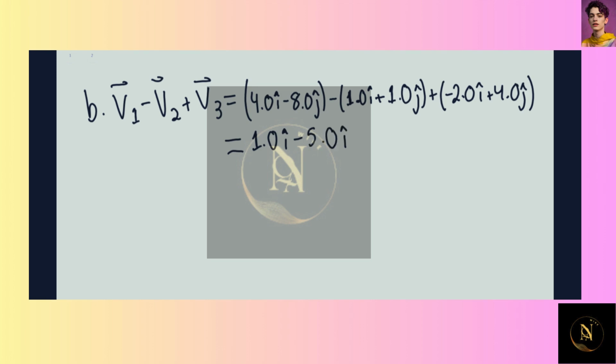So again, a positive x, a negative y, j hat, my apologies, positive x, negative y, this is going to be in the fourth quadrant.